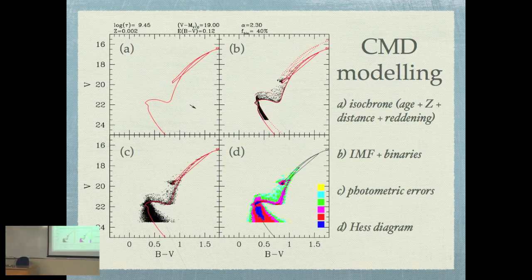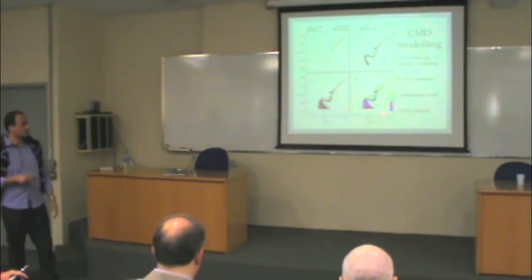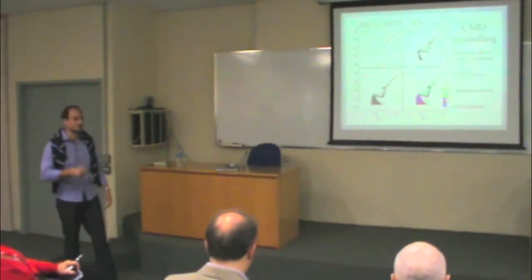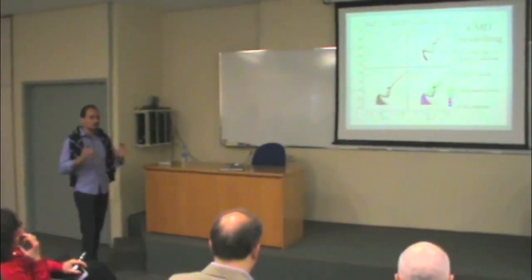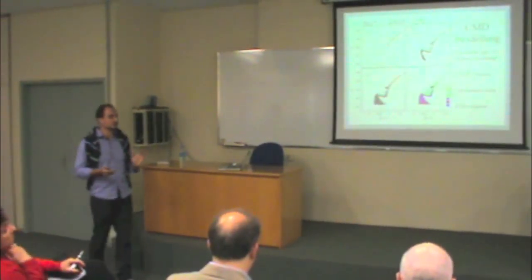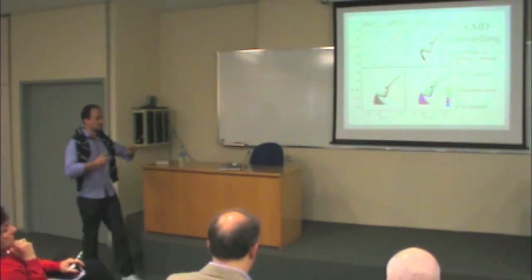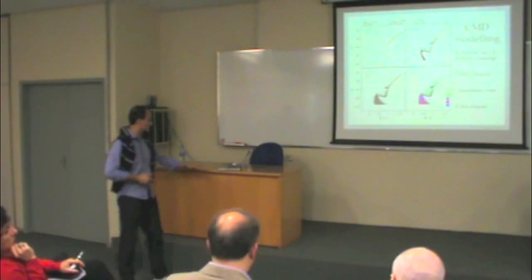So we can just put our observed CMD in front of it and derive a likelihood. We proceed like that for a grid varying age, metallicity, distance, and radius. So we vary these four parameters, make a grid, compare our observed CMD with everything, and find the best fit or the distribution of the likelihood.